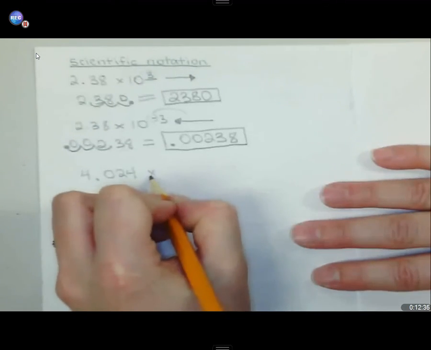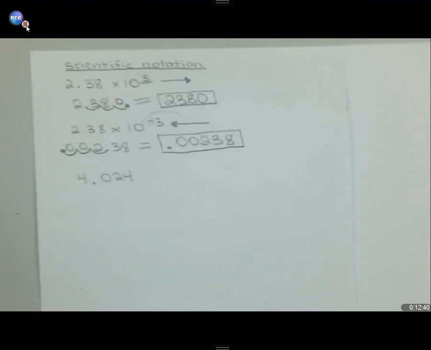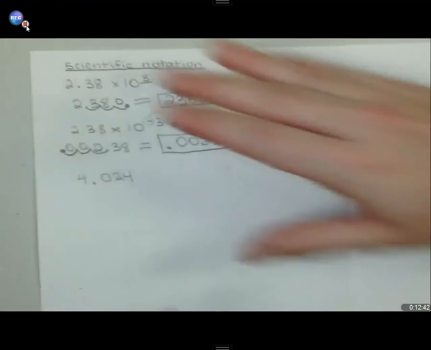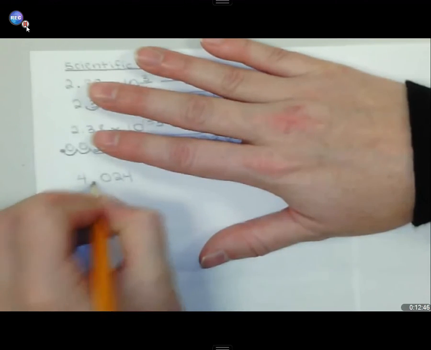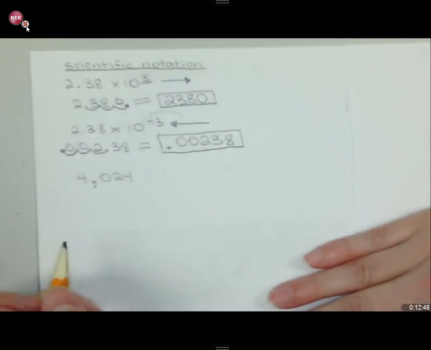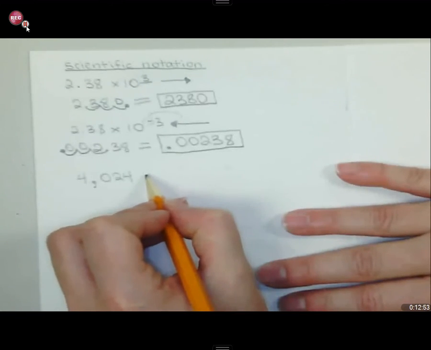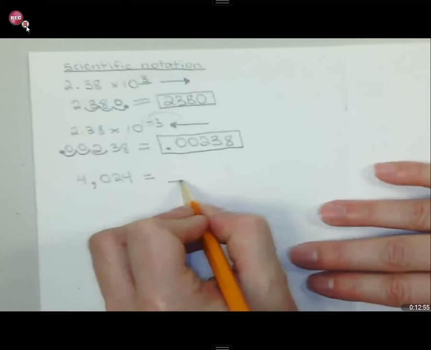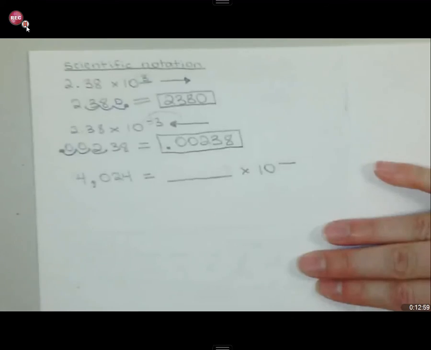Okay, so what we're going to do is we're going to have 4024, and we want to change it to scientific notation. So we want it to be something times 10 to the something power, okay?